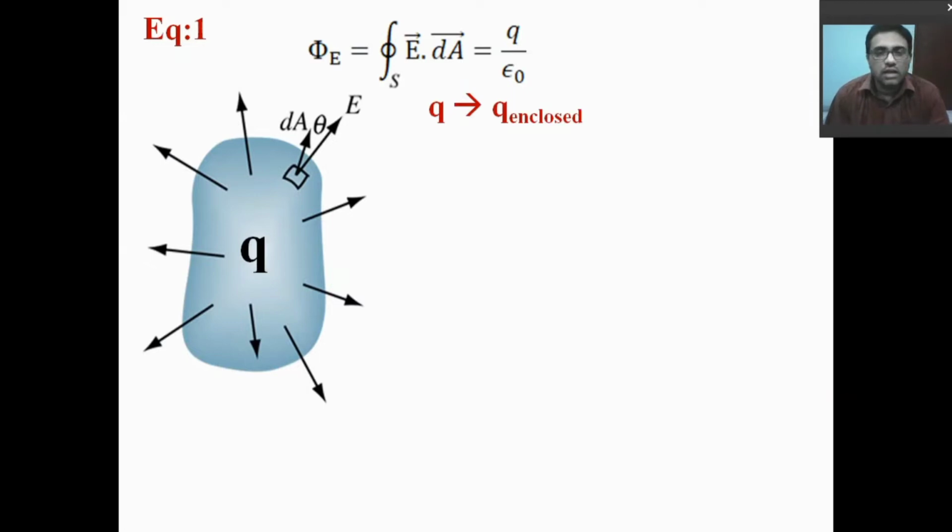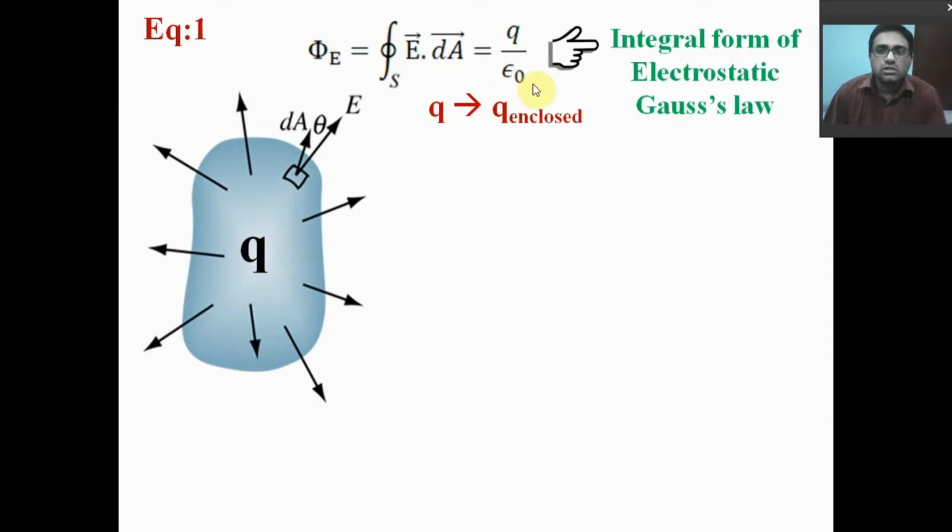You know that if we have a charge or charge distribution, and we consider a Gaussian surface enclosing this charge, then the total electric flux we can write as the closed surface integral of E dot dA over S. That will be Q by epsilon naught, and here we have to remember that this Q is the charge enclosed by the Gaussian surface, right?